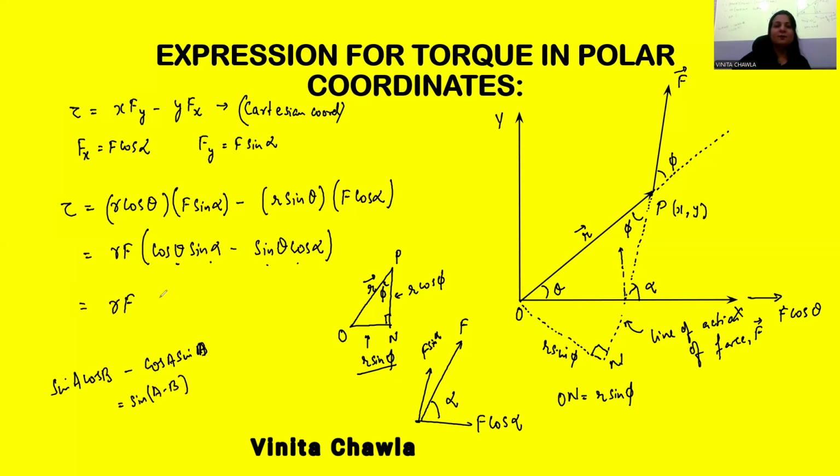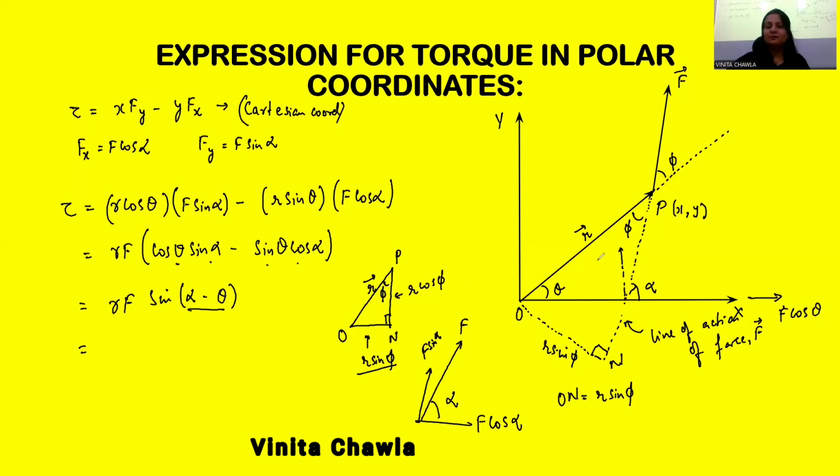So what is A? Alpha, and B is theta. So RF sin (alpha minus theta). What is alpha minus theta?